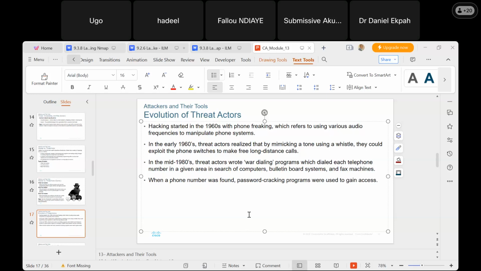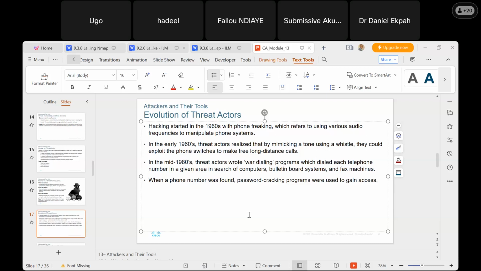In the mid 1980s, threat actors wrote war dialing programs, which dialed each telephone number in a given area in search of computers, bulletin board systems, in fact. So we can all agree that this has been way back. From the 1960s to now, you can see how many years put together. So the attack has been on.